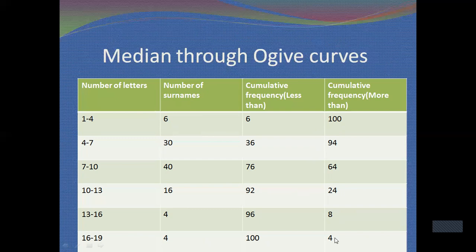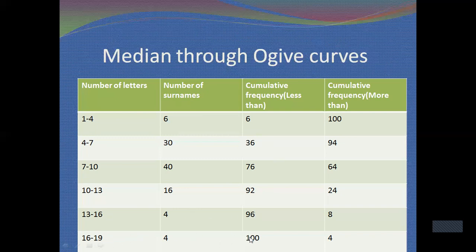Now, after completing the table, you have to take the points. For the LCF curve, what must you take? The upper boundary: (4, 6), (7, 36), (10, 76), (13, 92), (16, 96), (19, 100).